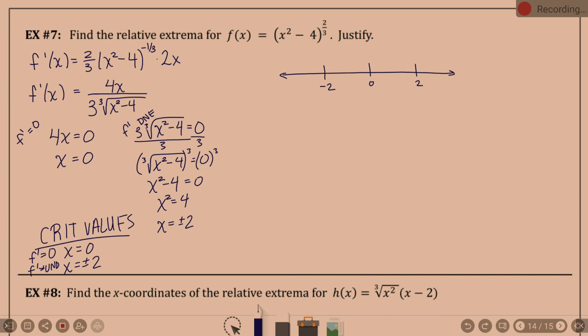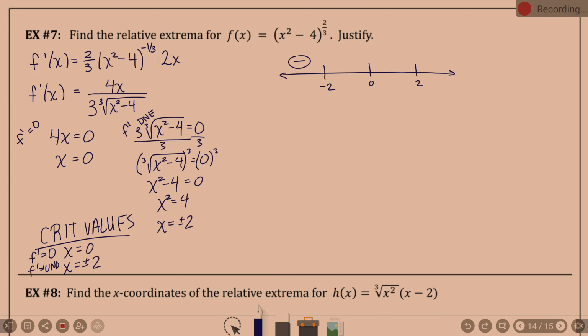If we put in, say, -3, on top, 4 times a negative is going to be a negative. On bottom, -3 squared is going to be 9 minus 4, that's going to be positive. A negative divided by a positive is going to be a negative. Are you with that?